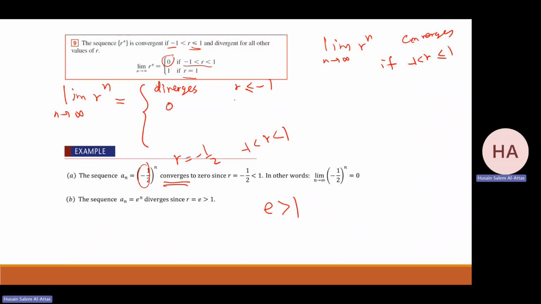It is 0 if R is between -1 and 1. It is 1 if R equal 1, and it diverges if R is greater than 1. I think this is good.